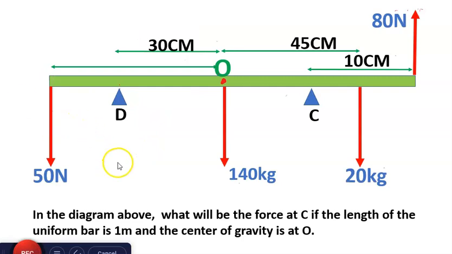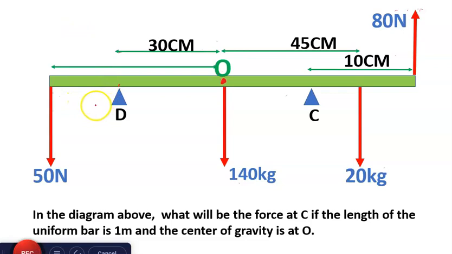Okay, there's a weight of 50 newtons. If you look at this diagram carefully, you see that from the center O to this point here we have 30 centimeters. And from this center O, since it's a uniform bar, to the edge A here, we should have 50 centimeters. So for this force of 50 newtons, we're left with a perpendicular distance of 20 centimeters, which is the same thing as 0.2 meters.